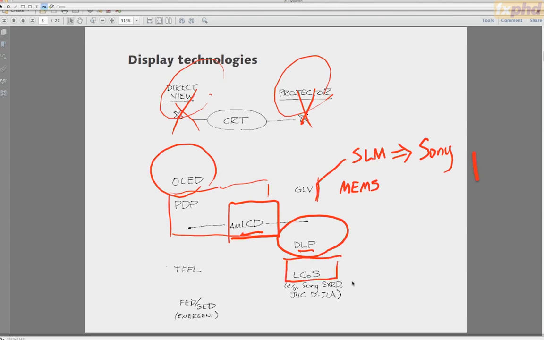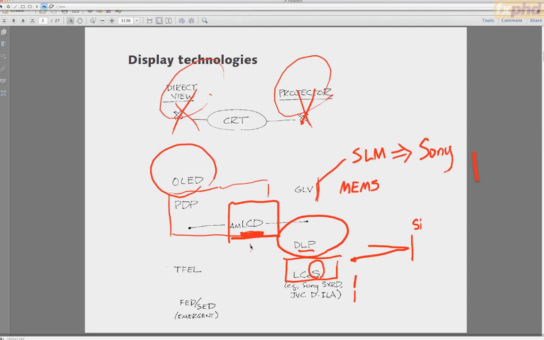LCOS, as in Sony SXRD and JVC ILA, it is also an LCD technology, but instead of liquid crystal on glass with a very low tech transistor technology on the glass, the LCOS is built on silicon backplane, but you have to reflect light from the silicon chip, because silicon is opaque to light.